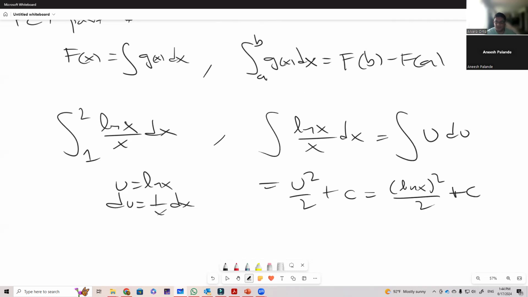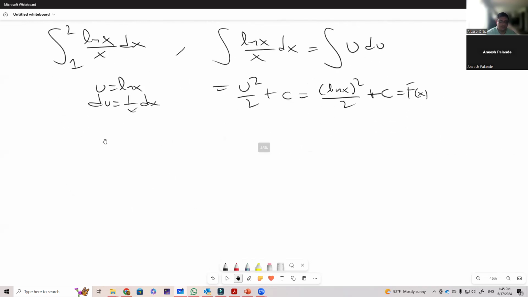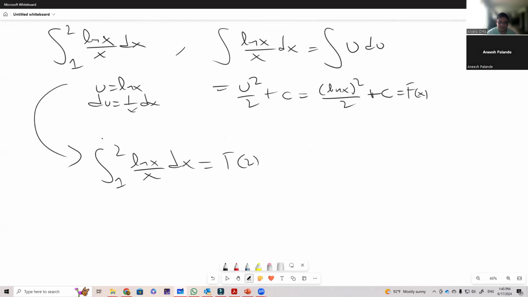This is the antiderivative, the function f of x. So if I know this is the antiderivative, then the integral from 1 to 2 of log of x over x is equal to f of 2 minus f of 1. Essentially I just found the antiderivative first, and I'm going to plug in 1 and 2. It's exactly the same thing.